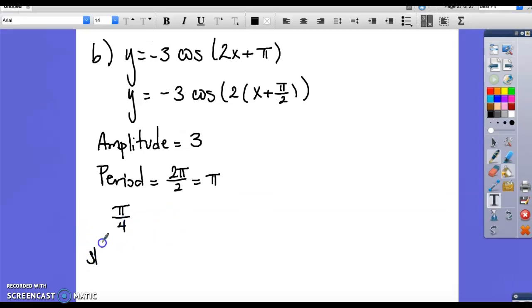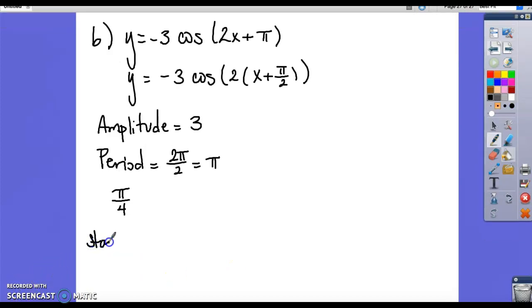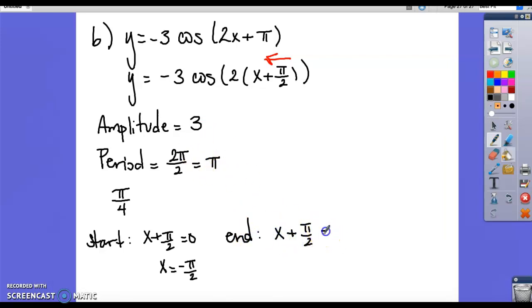Okay, so instead of starting at 0, I have a phase shift, right? We're moving to the left, pi over 2. So instead of starting at 0, I'm going to start at negative pi over 2. And instead of ending at pi, like I normally would if we went from 0 to pi, I've got to move that pi over 2 units to the left.